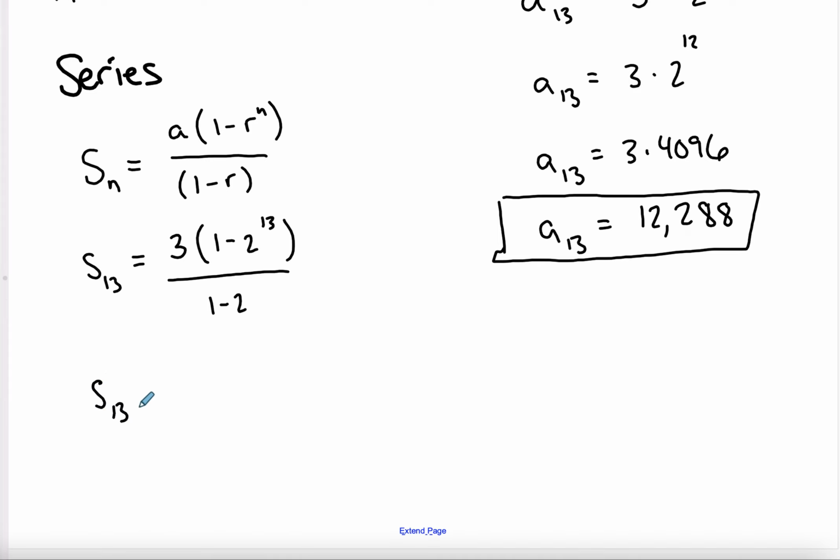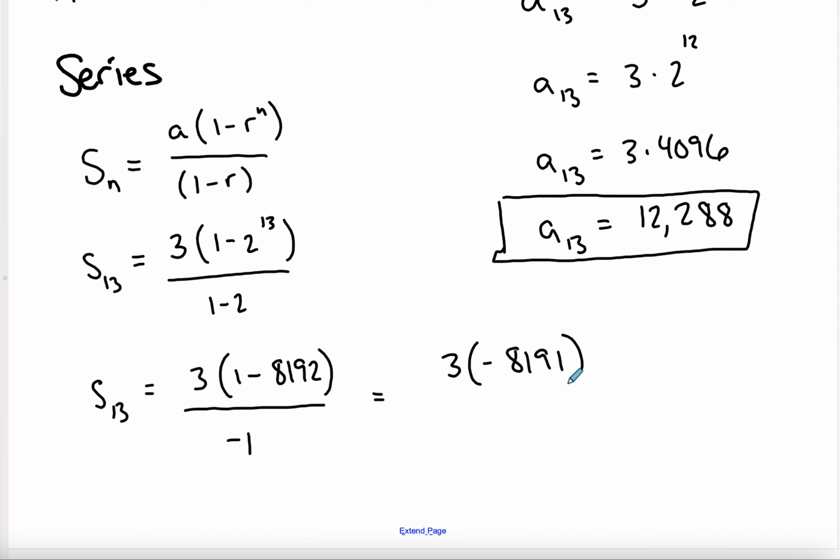So the sum of the first 13 terms equals 3 times 1 minus, and I'll use my calculator, 2 to the power 13, 8192, divided by negative 1. So we have 3 times 1 minus that, negative 8191 divided by negative 1.